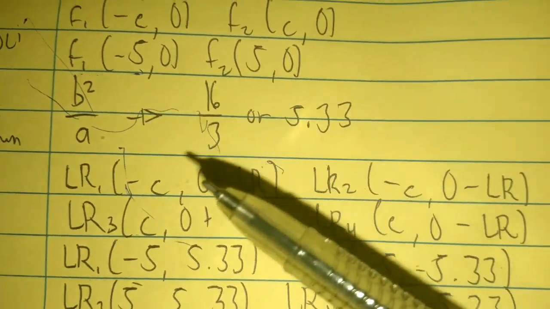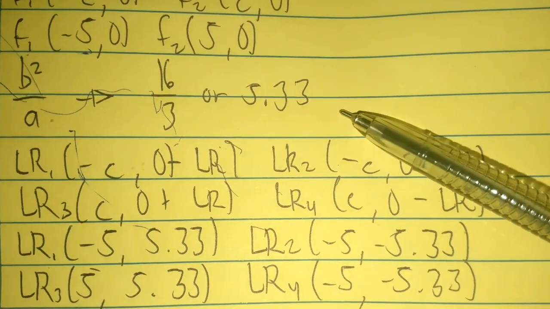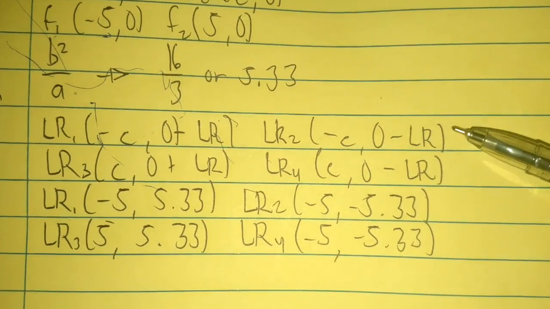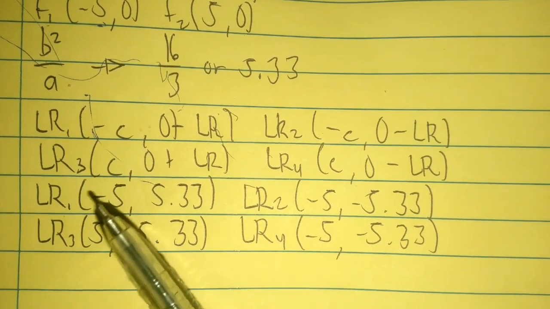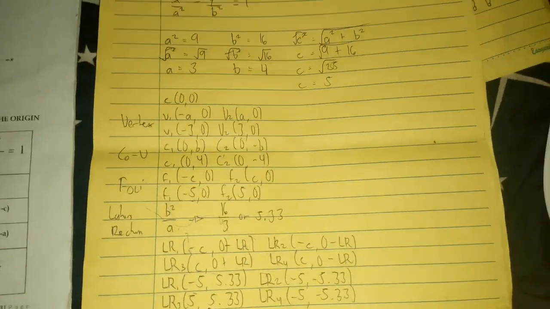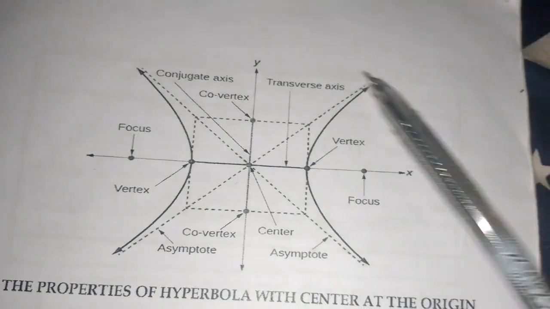In order to find all of the latus rectum endpoints, we need to use this equation. Just analyze it because it's too long, and our final answer should be this one. After all of the plotting, you can now proceed to graph the hyperbola by using this guide.